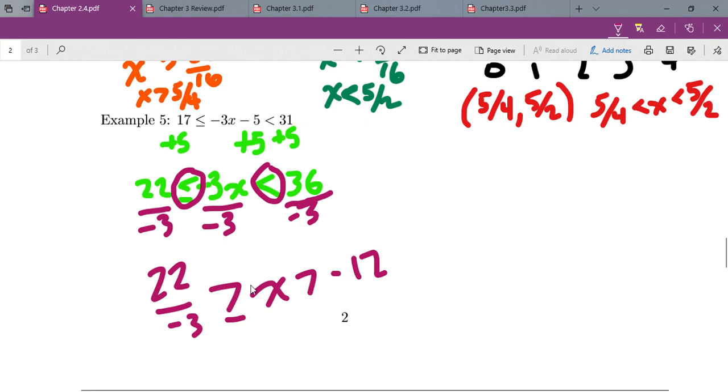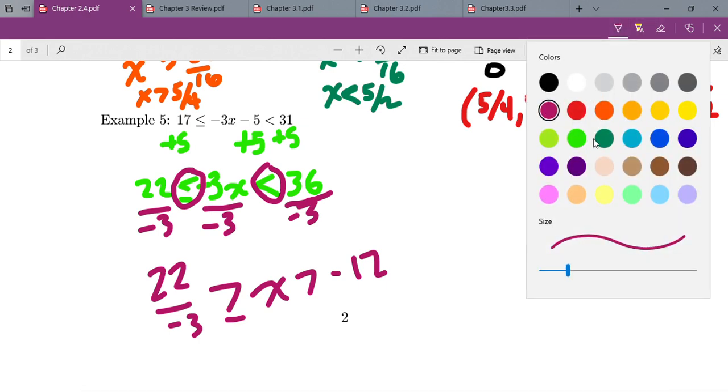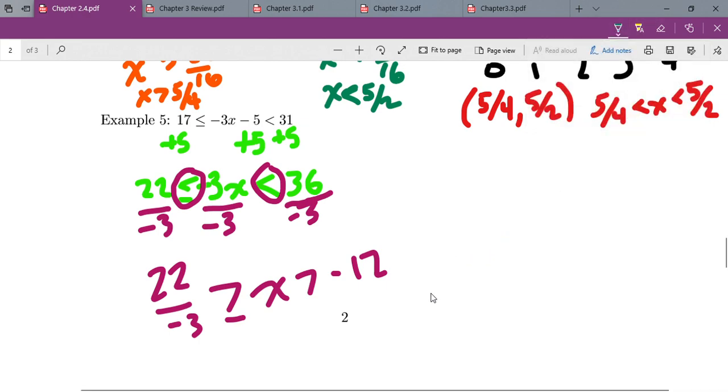You can draw it on a number line if you want to, and sometimes it helps to rewrite it in a different direction. What I mean by that is negative 12 is less than x is less than or equal to negative 22 over 3.